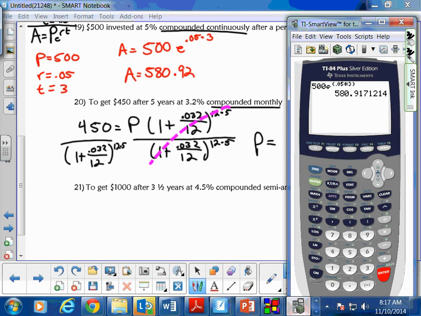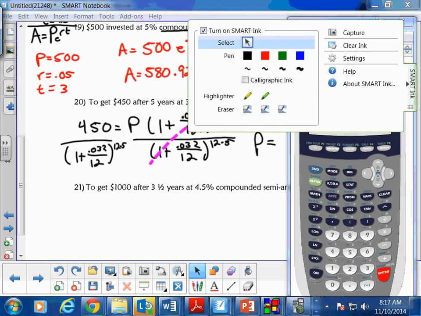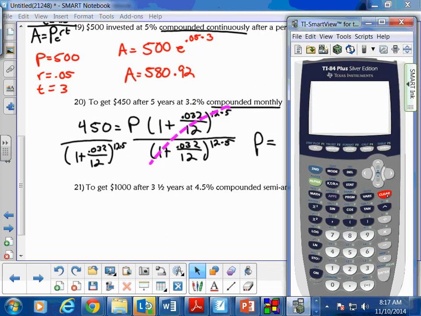So let's see what answers you come up with. Let's type in 450 divided by, and with this one I'm going to use double parentheses because there should be two parentheses here, just to make sure everything's encompassed. 0.032 divided by 12, 12 times 5.